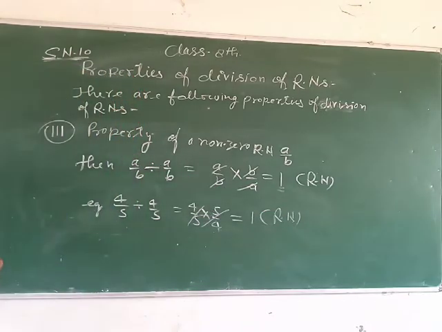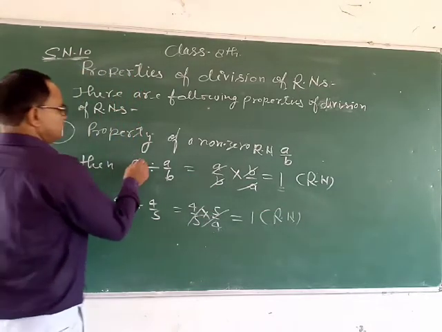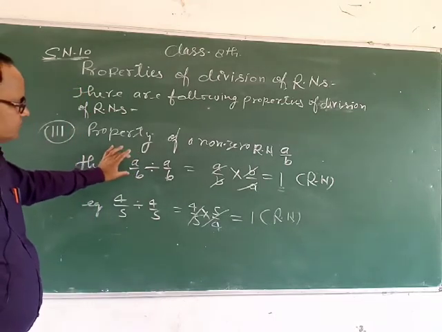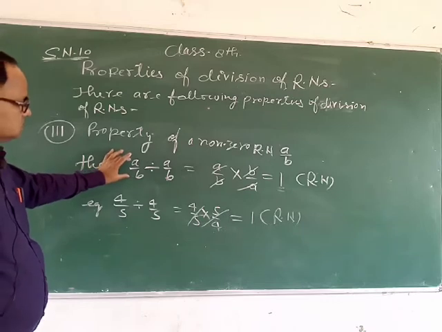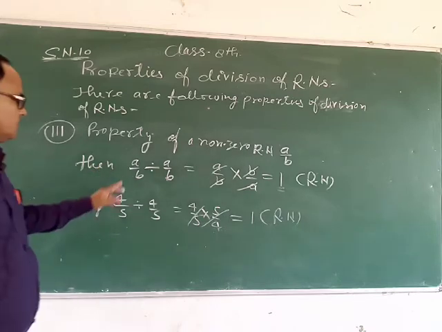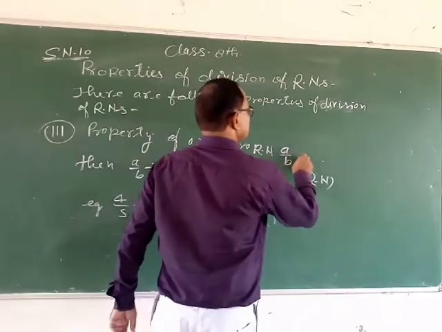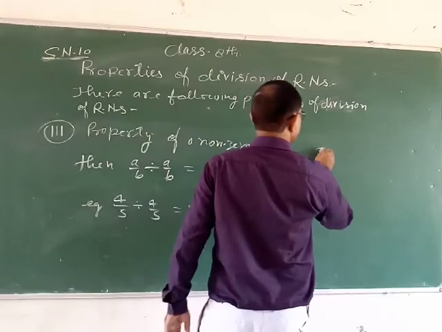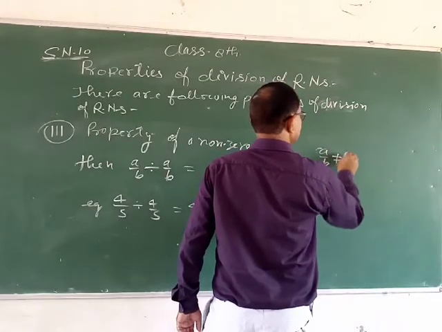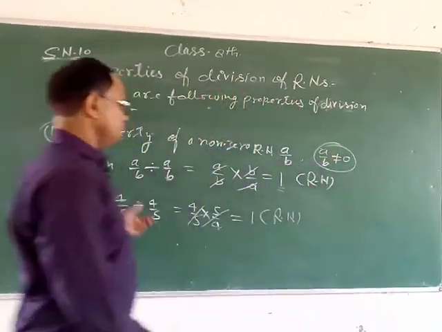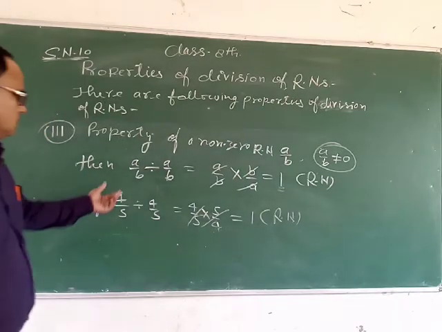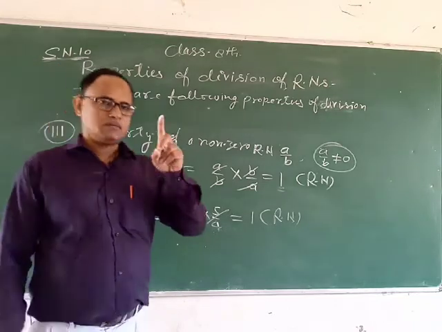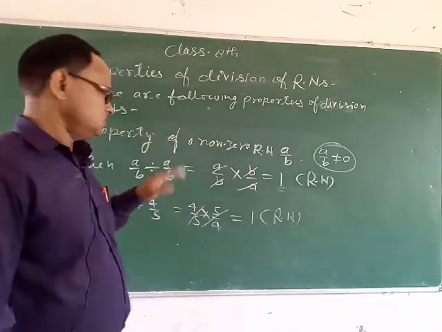Okay? But the value of a/b should never be 0. We can also write a/b not equal to 0. Okay, then the same number divided by the same rational number, we always get the value 1.